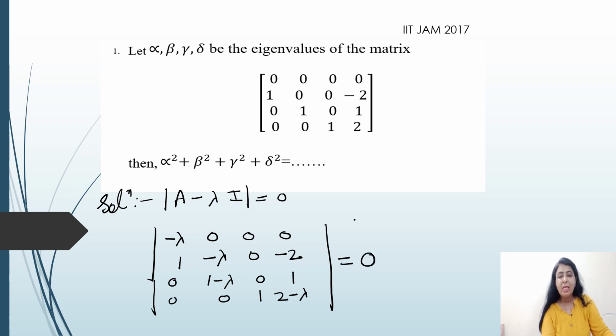Now we will expand this determinant. So we get minus lambda times the determinant of minus lambda, 1, 0, 0, minus lambda, 1, minus 2, 1, 2 minus lambda.